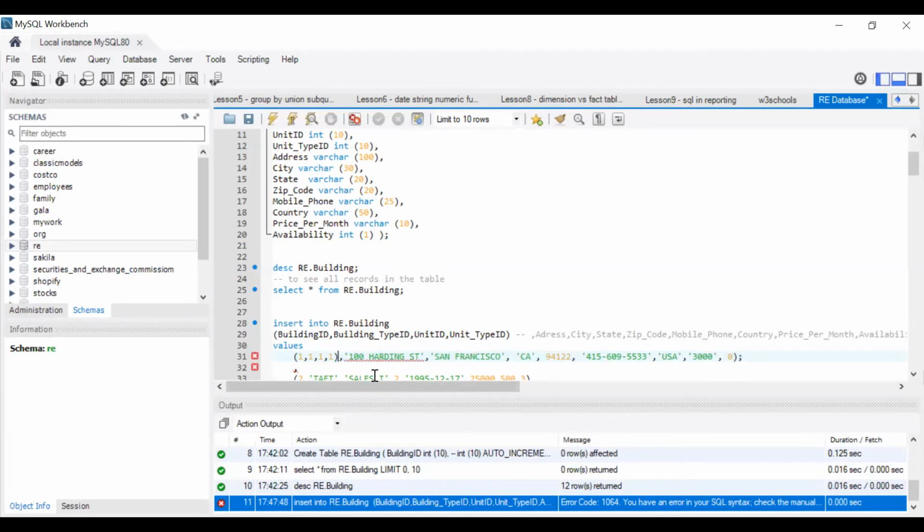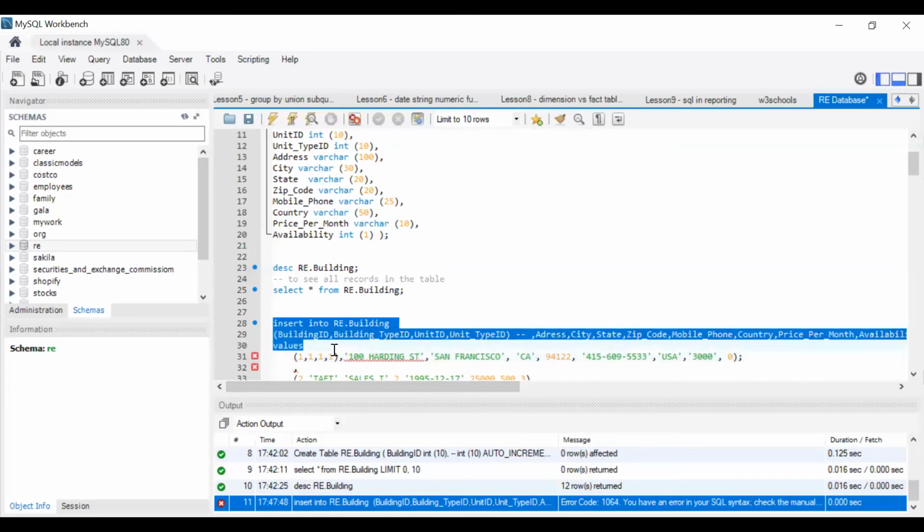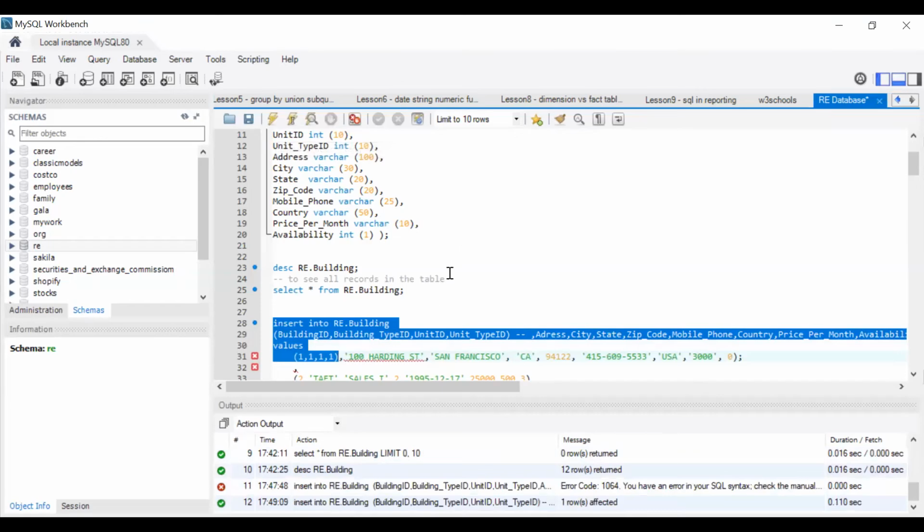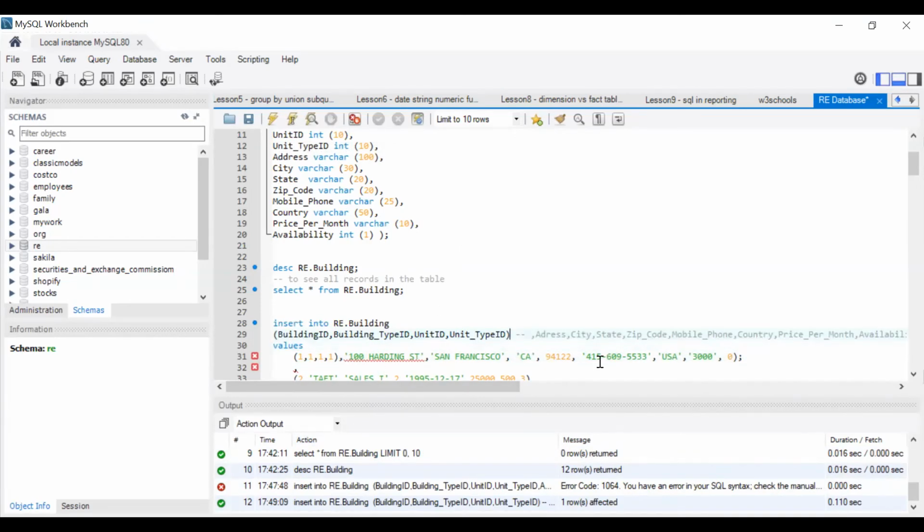Okay, so there's no problem with these first 4 fields. So we're going to test further. Address, city, state, zip code. Let's test up to here. Later on, we'll delete the records, don't worry.